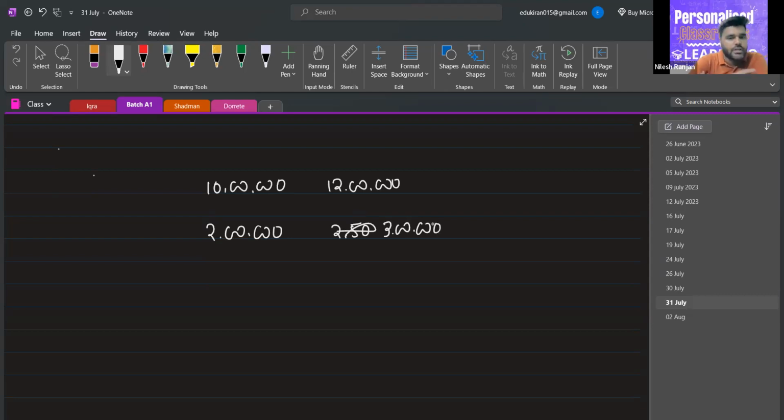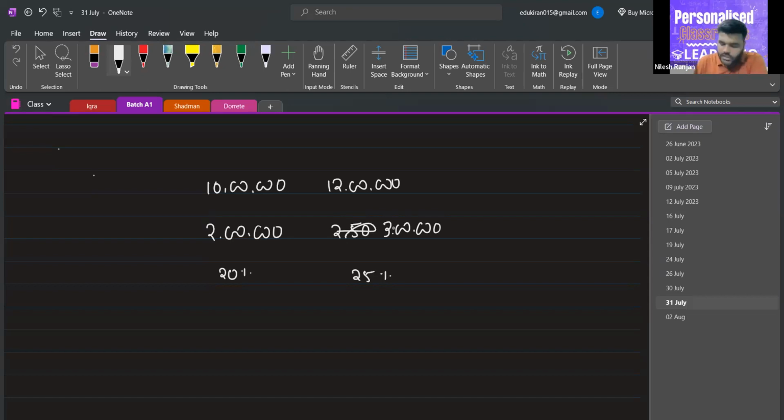Now, if we calculate the percentage here, we will get 20%, and here it will be 25%.